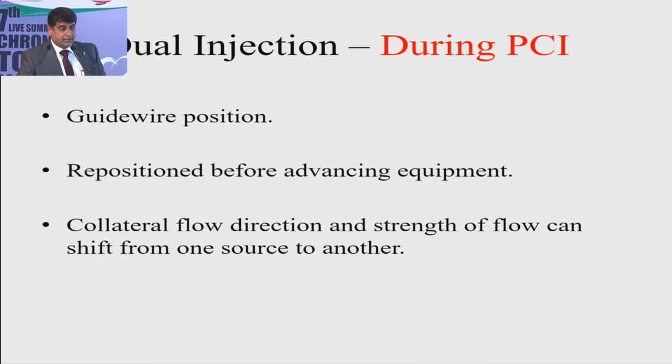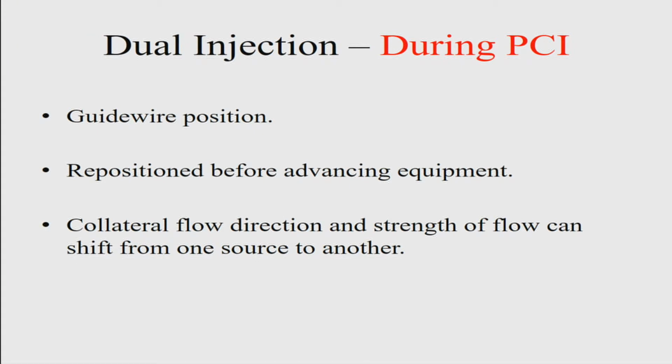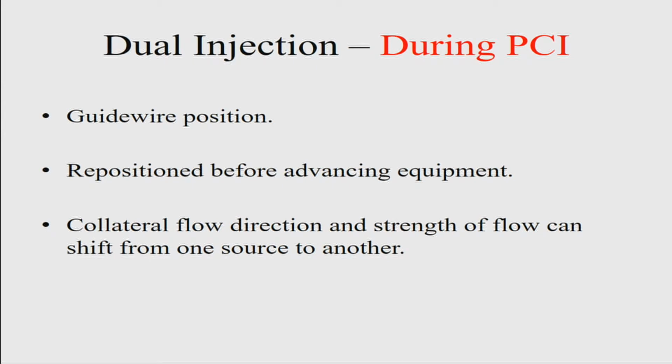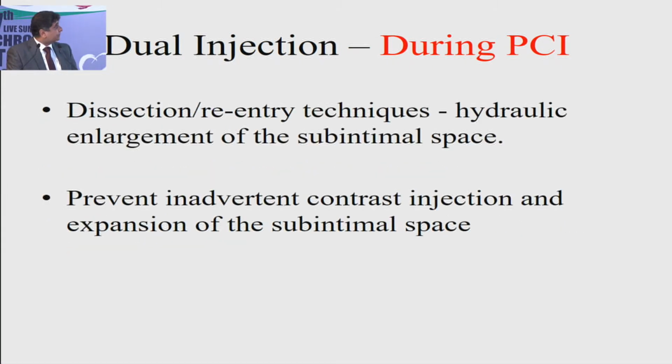During the PCI itself, a dual injection will help us position the guide wire in the right lumen, and obviously you've got to reposition in the right place before advancing a balloon or a microcatheter to prevent complications like a perforation. Also, there can be ipsilateral collateral damage when you're manipulating the antegrade wire, and the collateral flow direction and strength can switch over from one source to the other, which will be picked up by a contralateral injection rather than an antegrade injection.